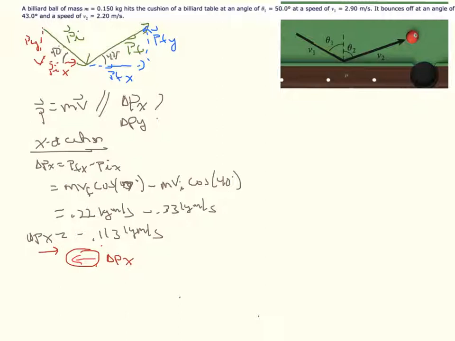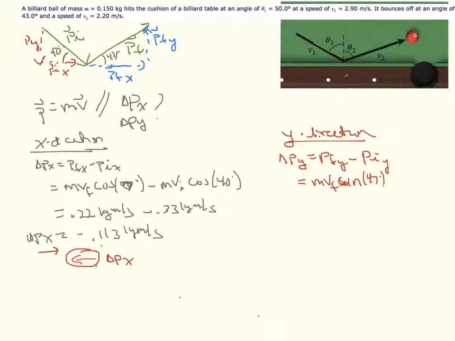Okay. So now we do the y direction. We do the same kind of thing. Change in p_y is equal to the final y minus the initial y. Now we have sines instead of cosines that we're dealing with because it's the y. It's the opposite of my angles that I have. Minus m v_i sine of 40, right?